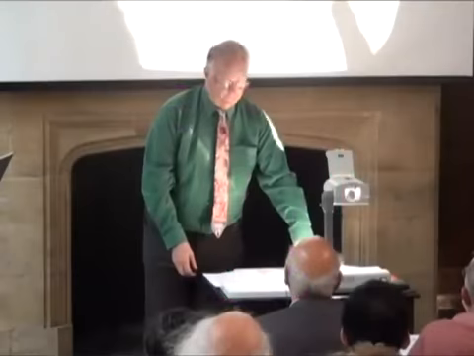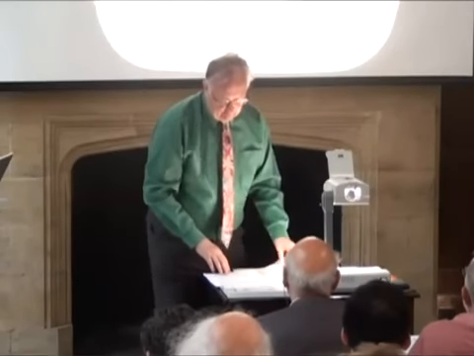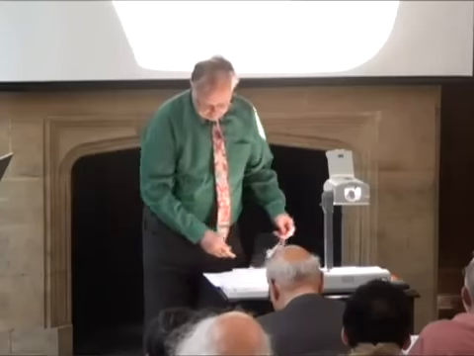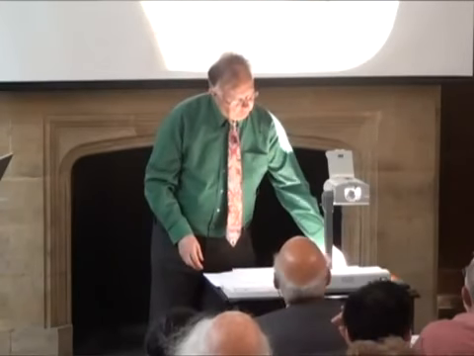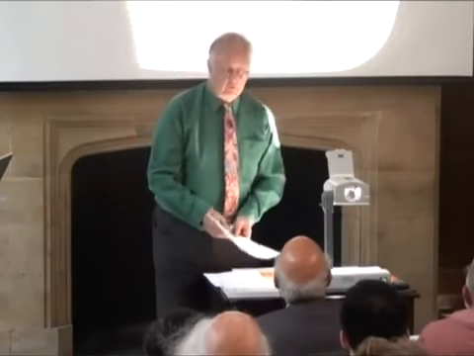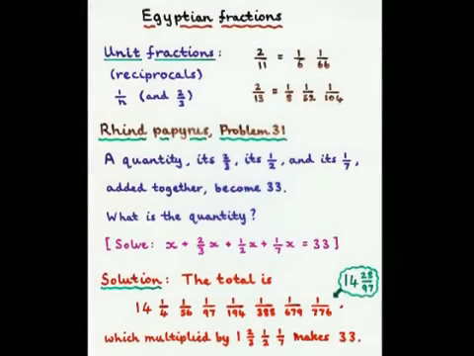Okay? So this mention of 2/3 and 1/3 and so on leads us to Egyptian fractions, which are very different from the ones that we use. So apart from 2/3, all their fractions were what we call unit fractions or reciprocals, 1 over something. So for example, where we would write 2 over 11, they wrote 1 over 6 and 1 over 66.